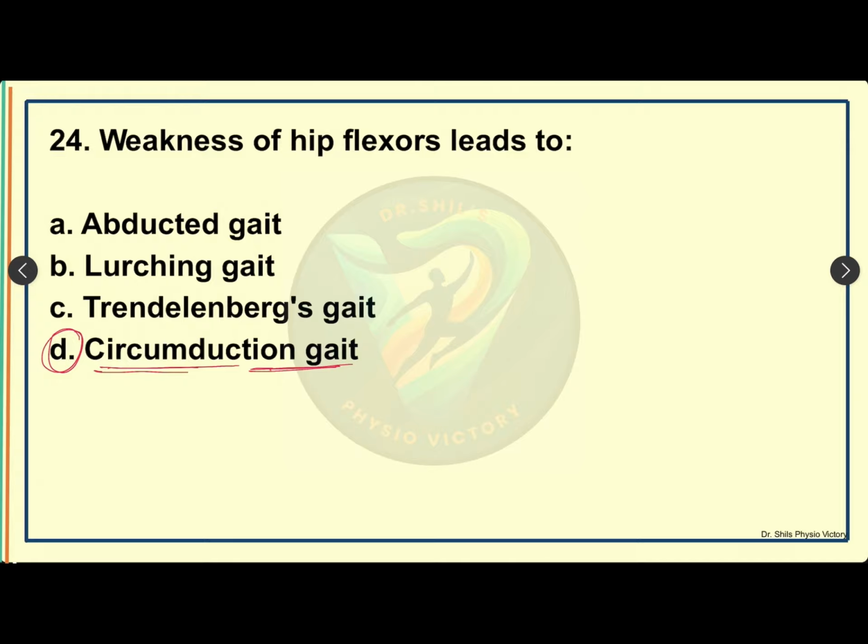Hip flexors, mainly the iliopsoas, initiate the swing phase. If there is hip flexor weakness, the limb cannot be lifted easily and the patient swings the leg outwards in a semicircle. This produces circumduction gait, generally seen in stroke patients.